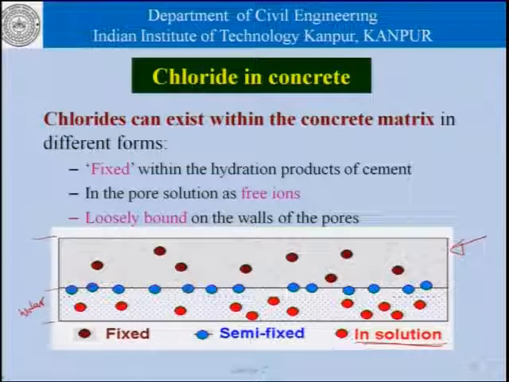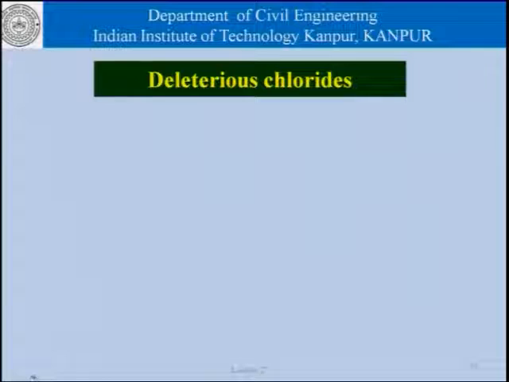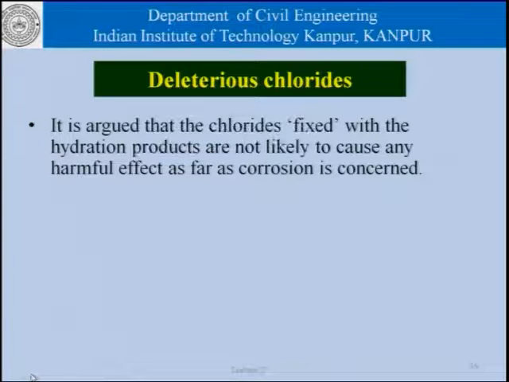Now the question is, which of these chloride ions are really harmful from the point of view of reinforcement corrosion? As far as deleterious ions are concerned, it is argued that the chlorides fixed in the hydration products are not likely to cause any harmful effect as far as corrosion is concerned.